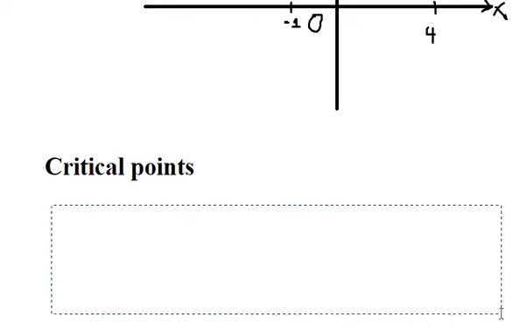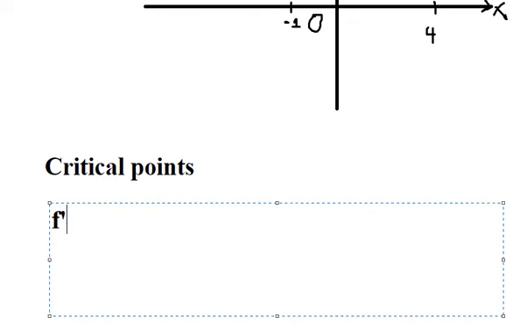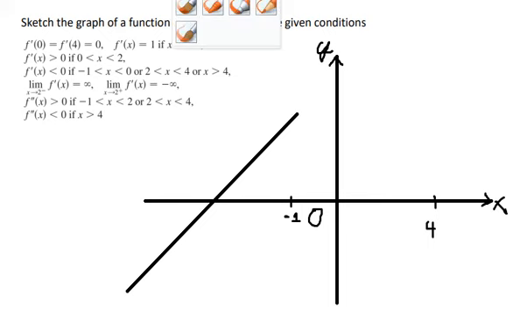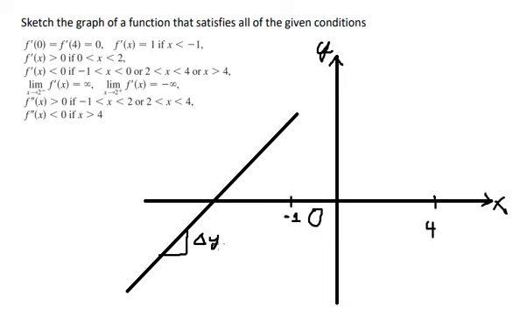That means the first derivative of the function, which is the slope of the function, equals 1. So it will be like this, because the slope is delta y over delta x, and that equals 1.